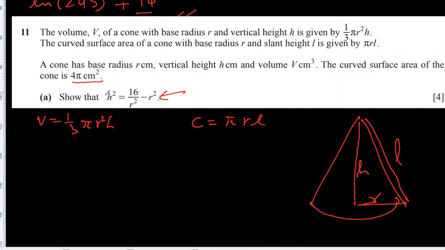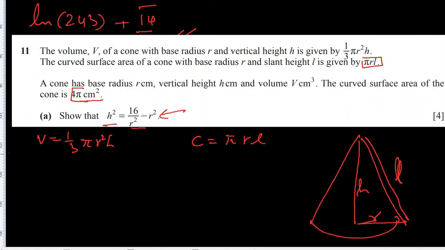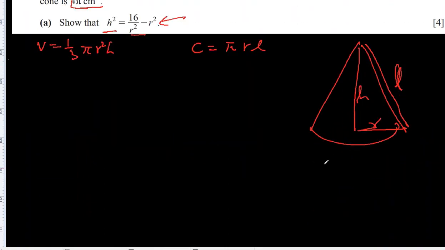What you see here is h is squared. That means they're talking about the area again, and we have this area here, pi RL. Let's talk about this one, because they have given that curved surface area, pi RL, is equal to 4 pi. So if this is L, can I write it in terms of h and r, because that's what they want, h and r, right? So by Pythagorean theorem, h square plus r square equal to L square, and if I square root, they become like this.